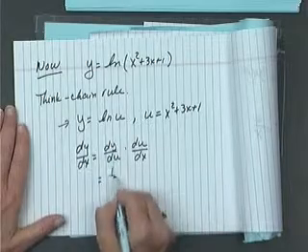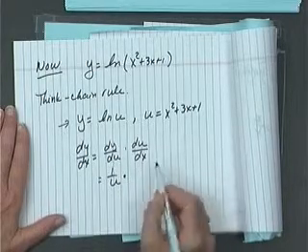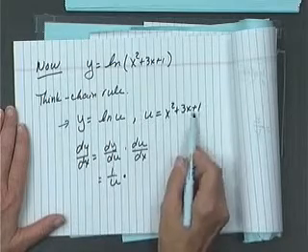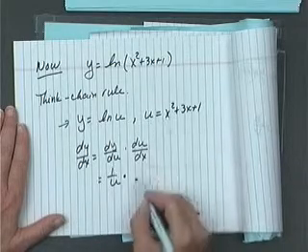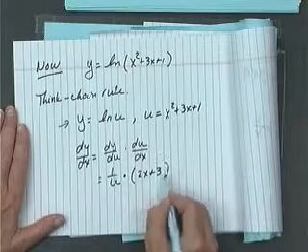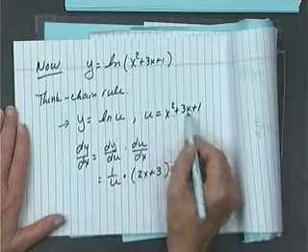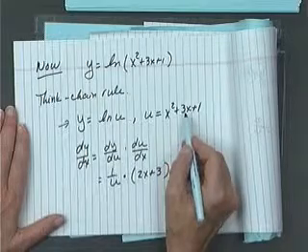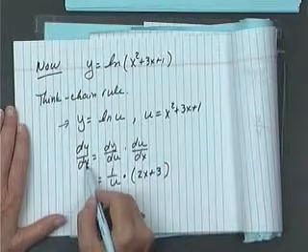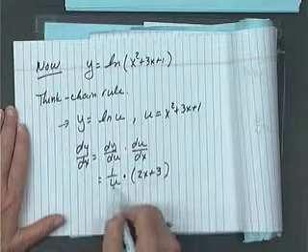So we have 1 over u times the derivative of u. Well, u is in terms of x, and its derivative is 2x plus 3. But we're looking for the derivative only in terms of x, not u's and x's.